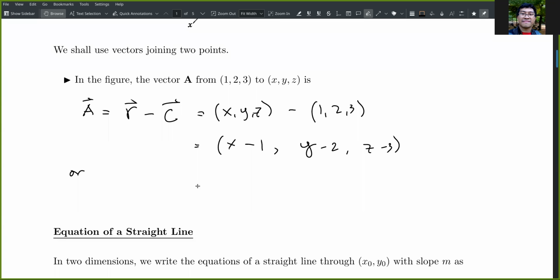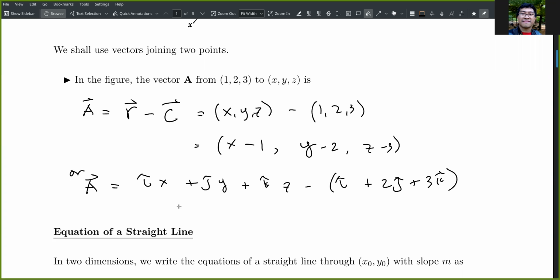Or alternatively, you can also write a as ix plus jy plus kz minus this 1, 2, 3 here, to be written as 1i plus 2j plus 3k, or this is x minus 1 i plus y minus 2 j plus z minus 3 k.